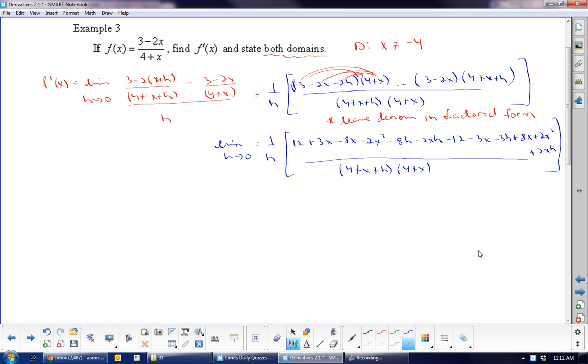Okay, so you're going to look for things up top. Do you see up top there's a positive 12 here with this negative 12? Okay, there's the positive 3x with the negative 3x. There's a negative 8x and a positive 8x. There is a negative 2x squared and a positive 2x squared.